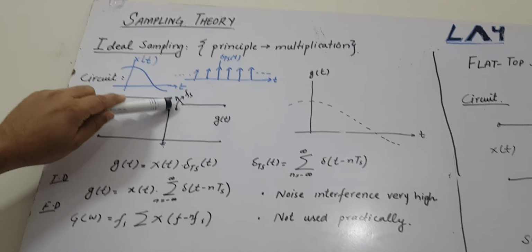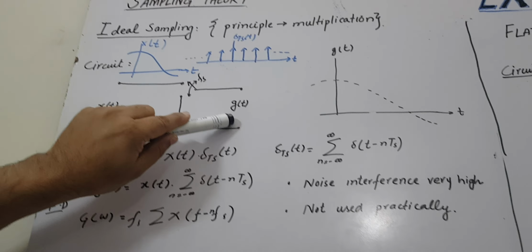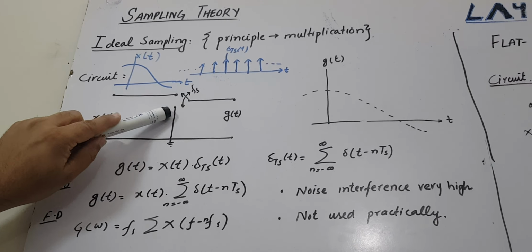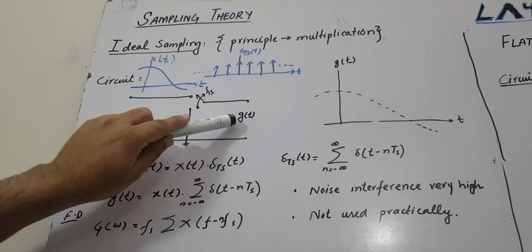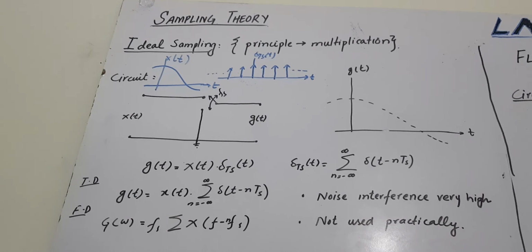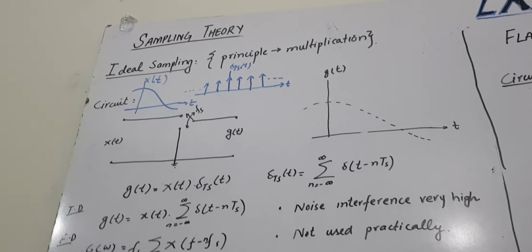When the switch is on, we get x(t) at the output, following the trajectory of x(t) with a certain amplitude. When the switch is off, we get no output, so the output will be 0.